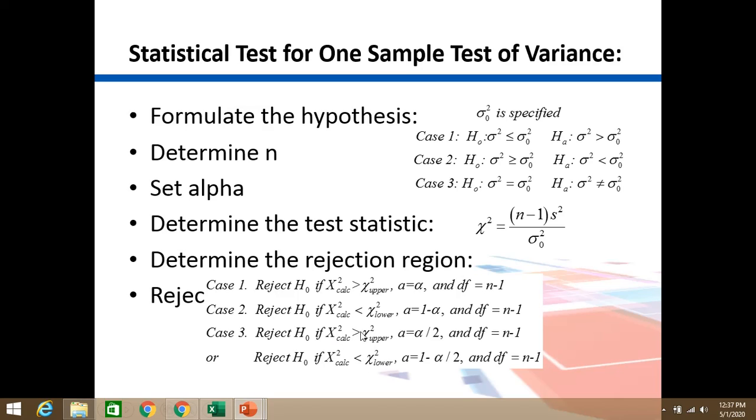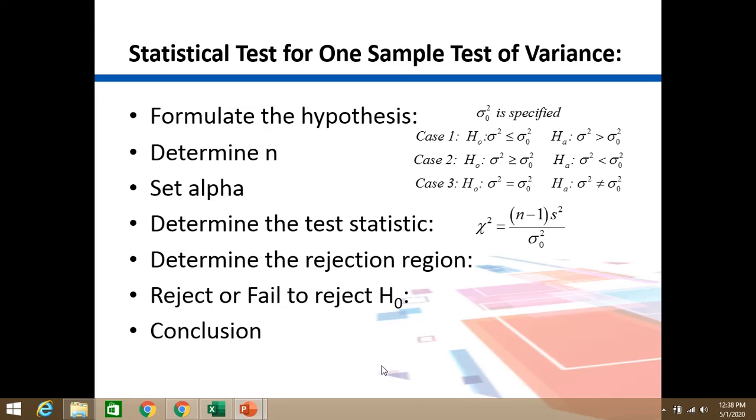So it should be greater than the chi-square upper at that particular alpha by 2 in case your calculated is greater than this critical, or in case of the smaller numbers we will look at the left tail. So in that case this chi-square calculated should be less than this lower chi-square critical.